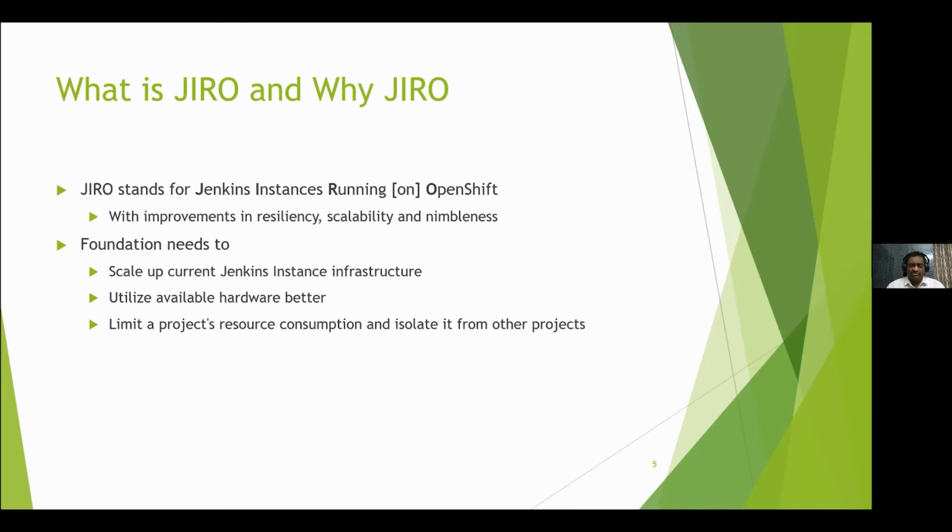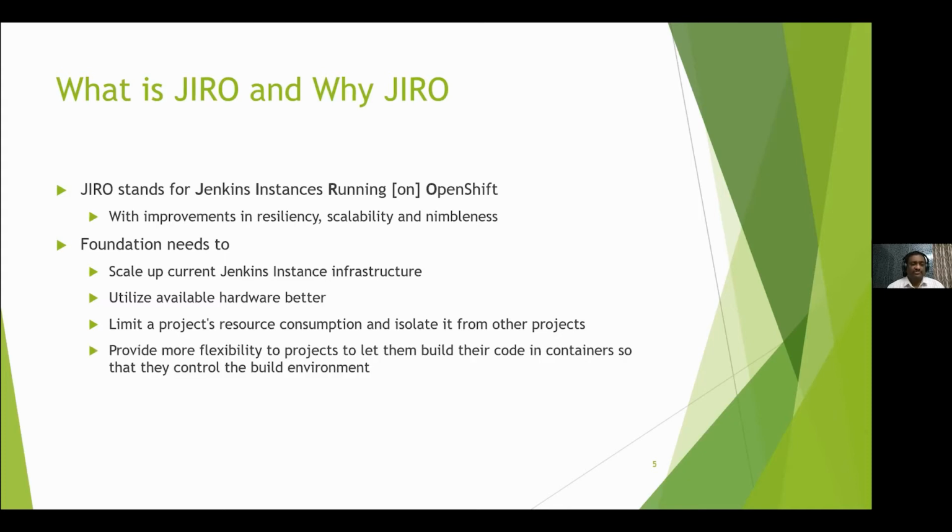Because of heavy usage by one particular project, other projects which are sharing that particular server are not getting resources. So this also we have to control. And with OpenShift, you can definitely limit how many resources you can have. So that requirement also can be achieved with this.